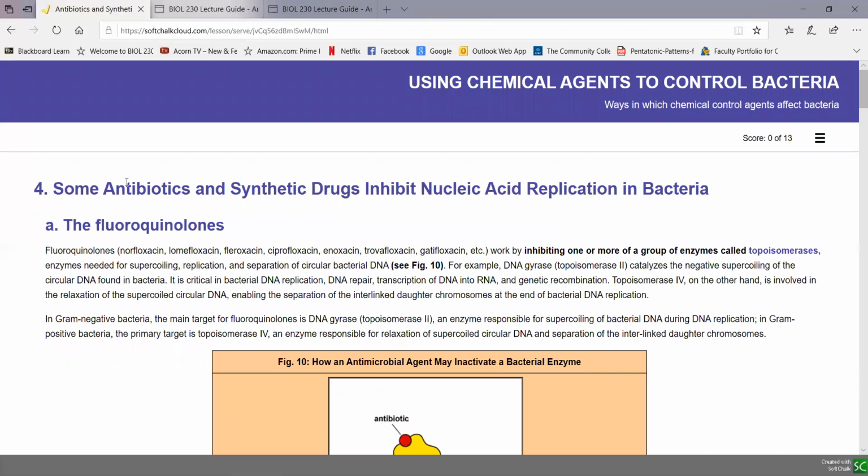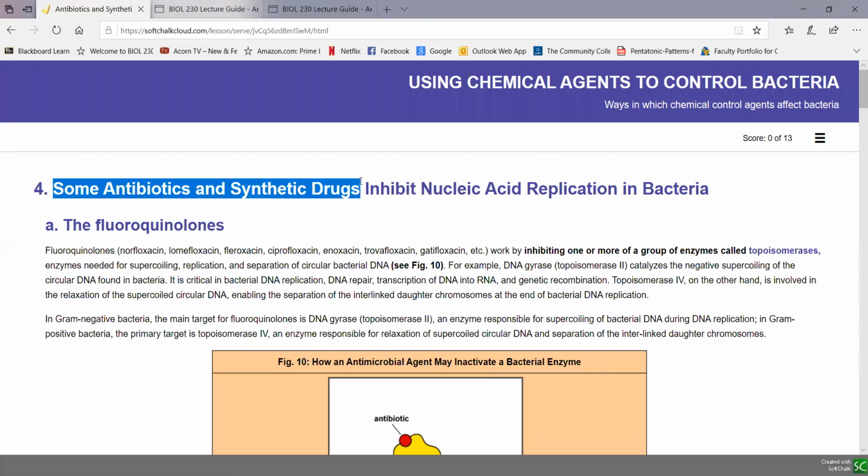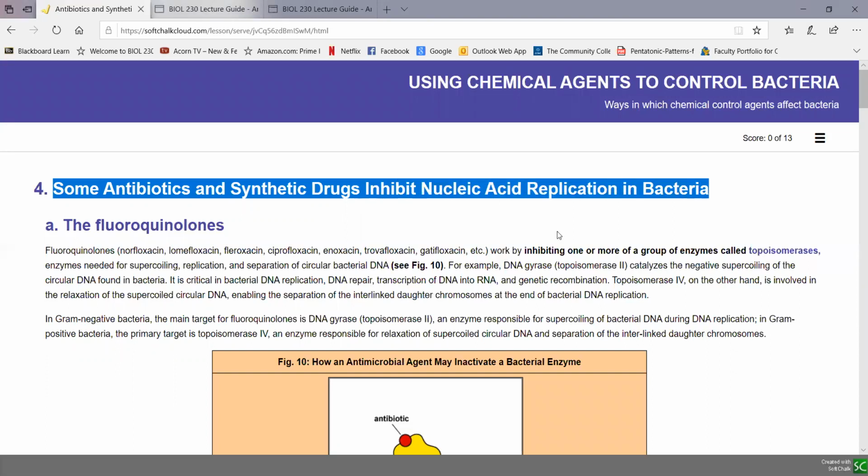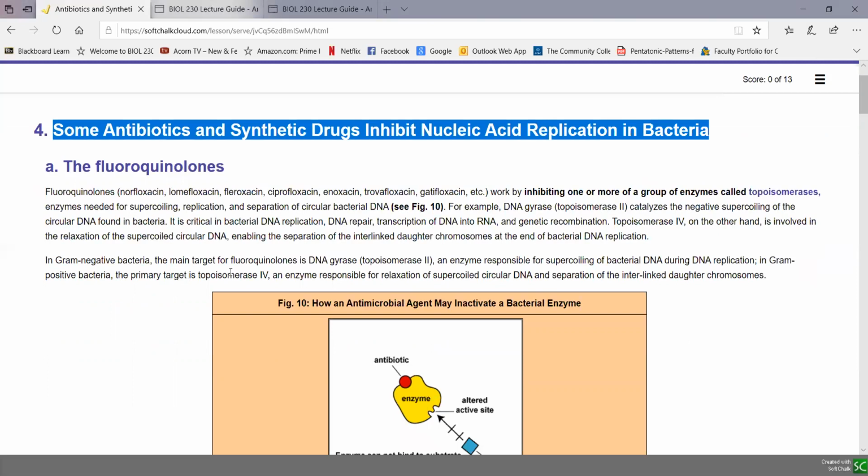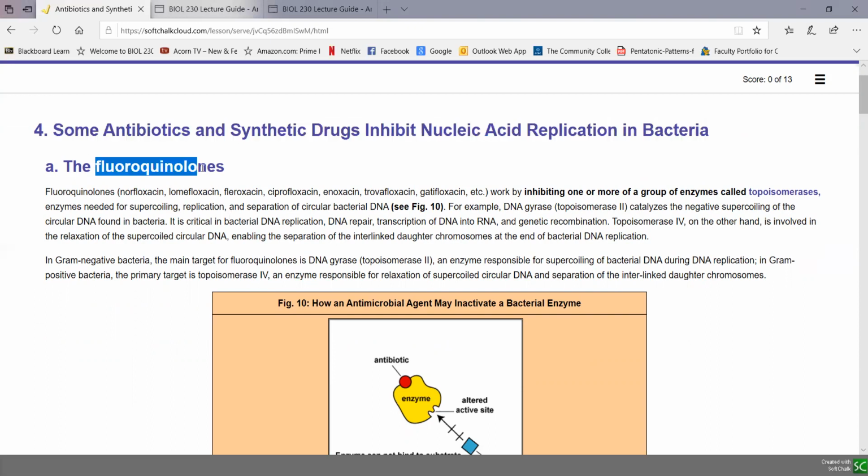There are some antibiotics and synthetic drugs that inhibit nucleic acid replication in bacteria. And the primary group, which we talked about back in Unit 1 when we looked at the chromosome and the topoisomerase enzymes, are the fluoroquinolones, a whole group of drugs that have an oxacin or a floxacin in their name, such as ciprofloxacin, sold under the brand name Cipro.